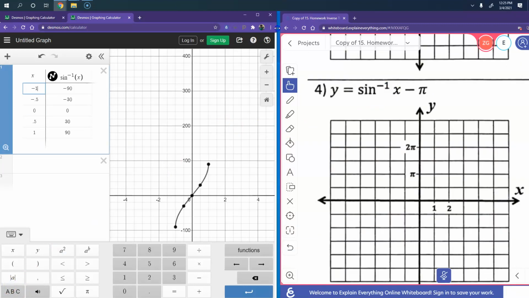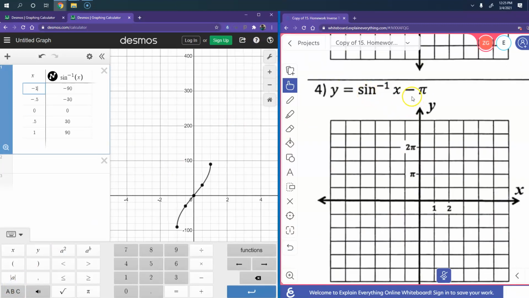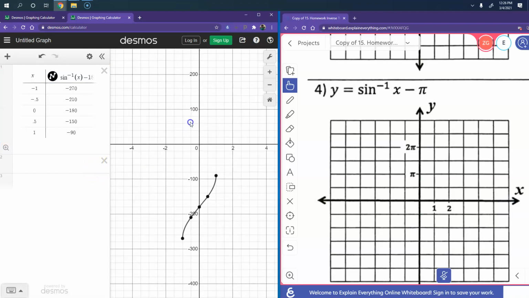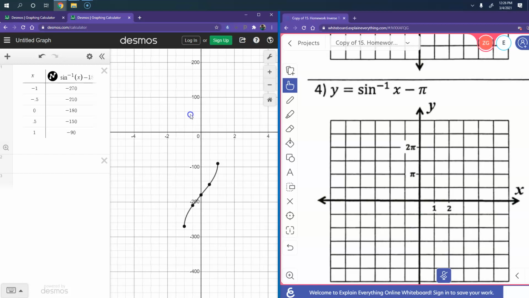Once again, I want you to go ahead and do number 4, and you notice we have a negative pi here. So that means there's going to be a vertical change on the y-axis. So at this point, I'm going to subtract 180. So you notice that my graph goes down.